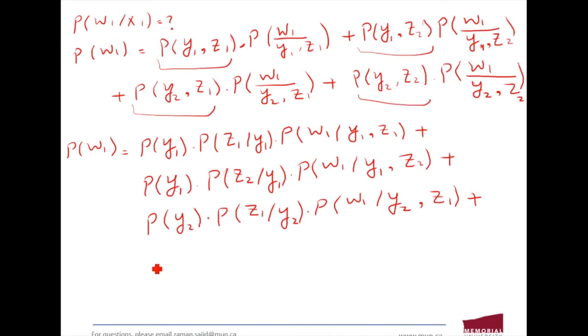So this one will be the probability of Y2 times the probability of Z2 given that Y2, and the probability of this term here, W1 given that Y2 and Z2.